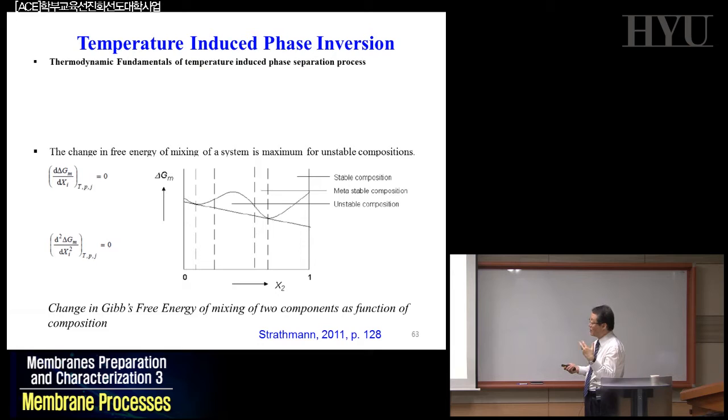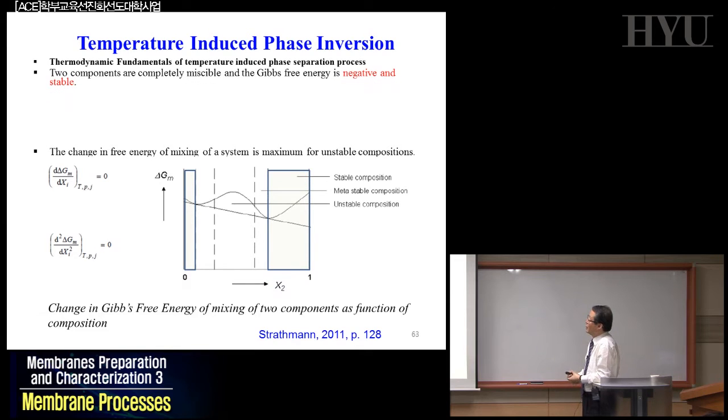When the chemical potential is defined, then this is the first derivative. And if you take the second derivative of the Gibbs free energy of mixing with respect to x, then it will be the change of the chemical potential as a function of your x. Again, we'll take a look at what happens in the case of zero. But that's the definition of the chemical potential of the two components.